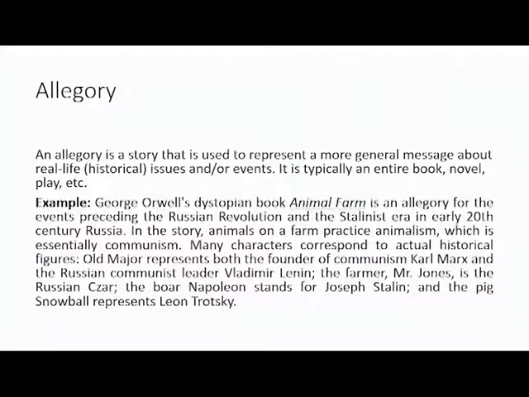Old Major represents both the founder of communism, Karl Marx, and the Russian communist leader, Vladimir Lenin. The farmer, Mr. Jones, is the Russian Tsar, and the boar Napoleon stands for Joseph Stalin. And the pig, Snowball, represents Leon Trotsky. So all the animals in Animal Farm represent important figures in communism theory.